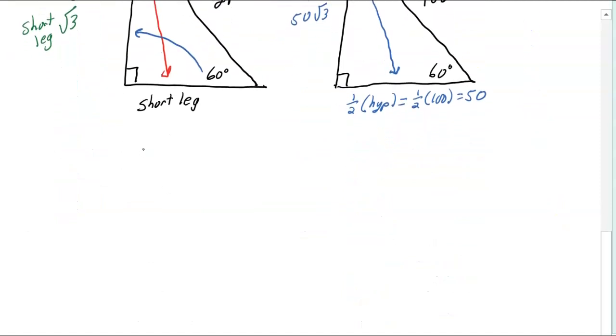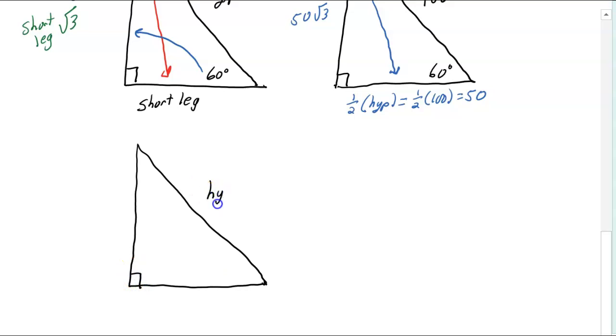So let's put all that together now and kind of write out the formulas. So we have the hypotenuse, we have the short leg. Remember, the short leg is always across from the 30. We have the long leg.